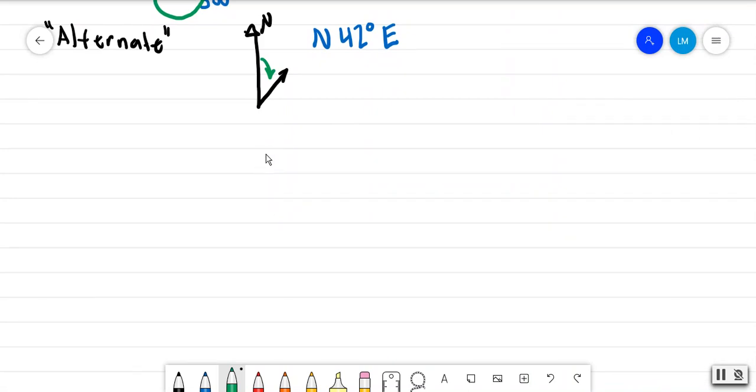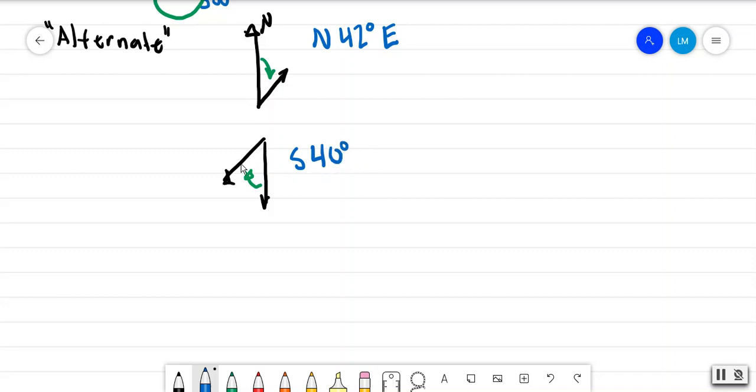Similarly, if I was to draw something like this and then like that, but then let's say that the direction of our angle goes like that, and we indicate that this is going to be south 40 degrees.